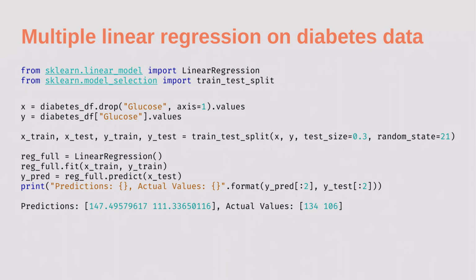Finally, we make predictions on the test set. It's worth noting that scikit-learn's linear regression performs ordinary least squares, or OLS, behind the scenes. Finally, we print out a couple of predicted values alongside the actual ones, and as you can see, the model does a reasonable job in estimating blood glucose levels.